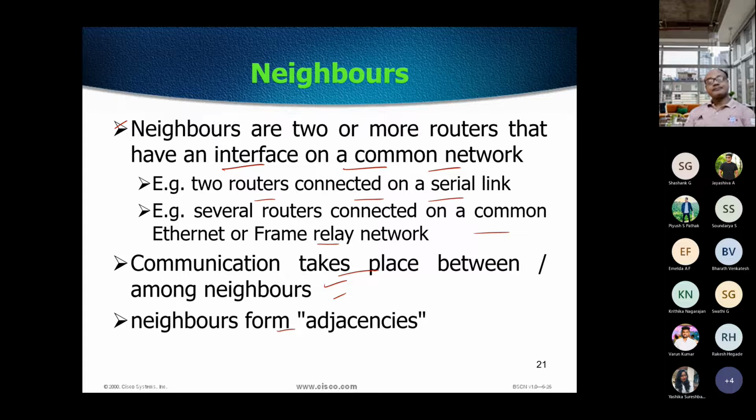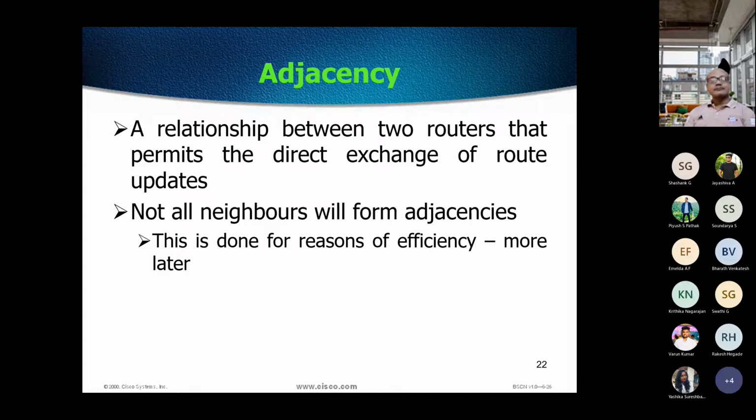OSPF forms adjacency only between the two routers that are permitted to directly exchange routing updates, not with all the neighbors.